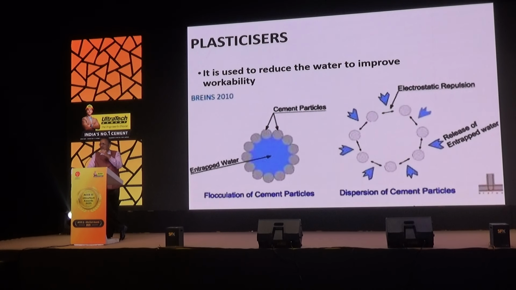We have to understand that the lowest water cement ratio required for cement to set is 0.17 to 0.19, depending on the climate. And then the next level is 0.22, and the next level is the design, 0.3, 0.35, 0.4. But why we are not able to maintain this low water cement ratio is because of the workability. So for the workability, we are adding the plasticizer.